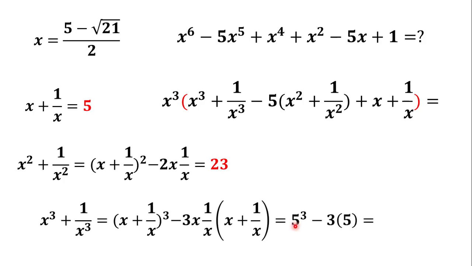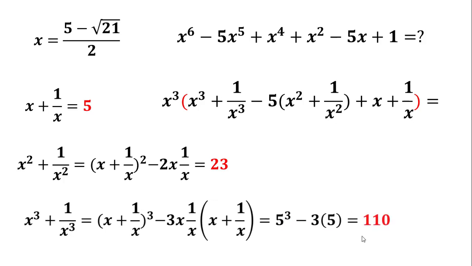So we will have 5 to the power 3 minus 3 times 5. It's going to be 110.